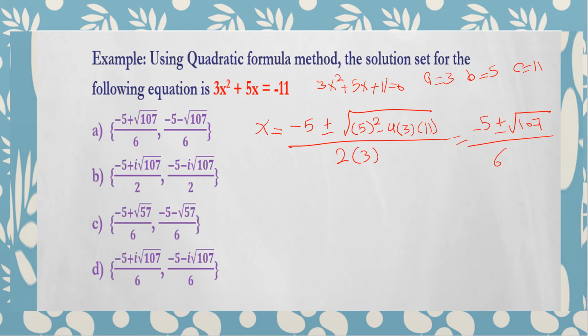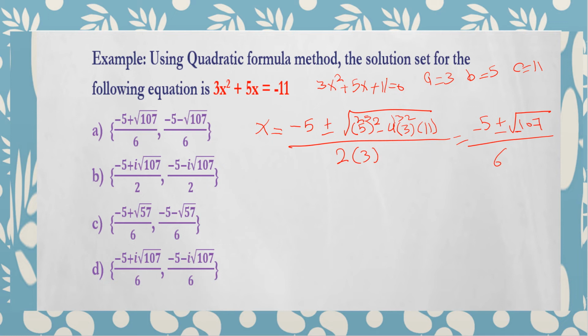We have 25 minus 132, as 33 times 4 gives us 132, so 25 minus 132 gives negative 107.